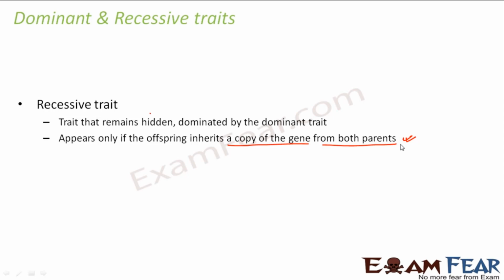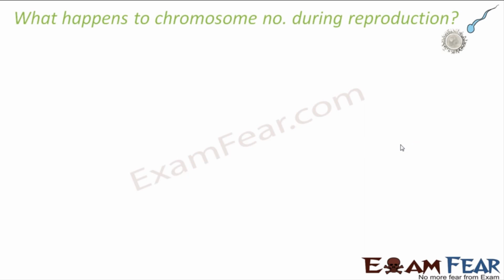So let us first get those concepts clear. That is, what are the basic things that happen during heredity, that means during passing of traits from parents to offspring. So once we are clear with those concepts, then we'll get back to Mendel's experiments and try to understand them in depth, right? So let us start with these basics.